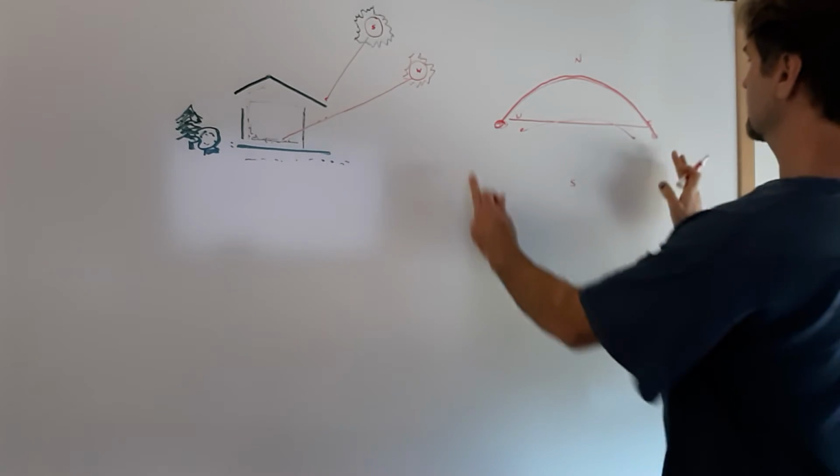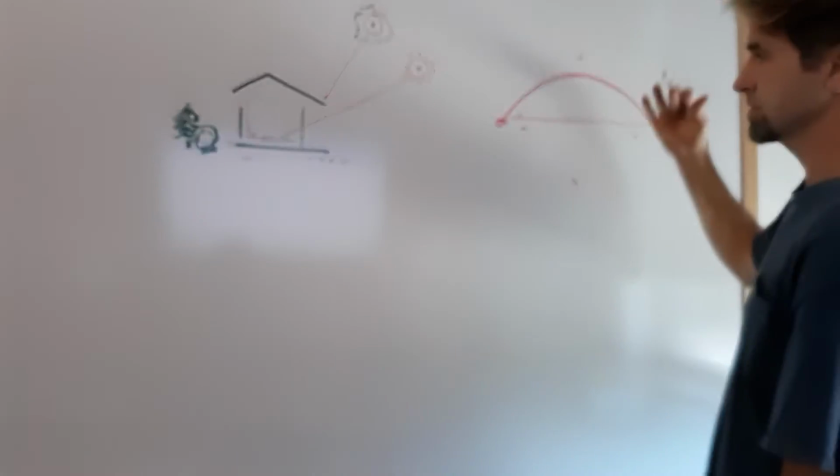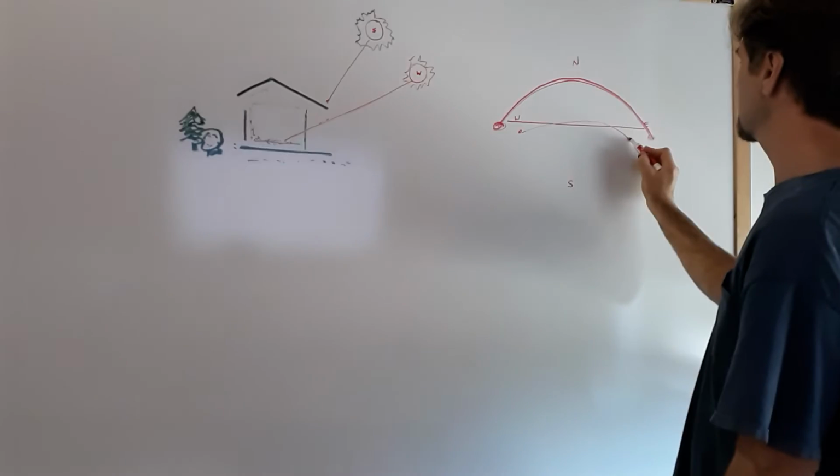So that's broader and higher in the summer. Wintertime, the angles change, the sun drops, and it's not quite as broad there.